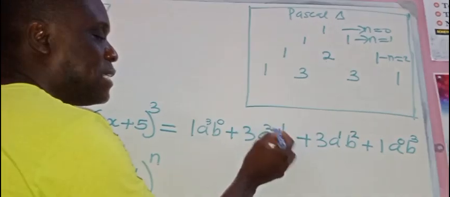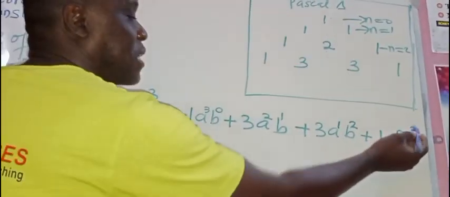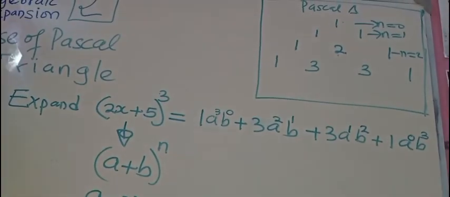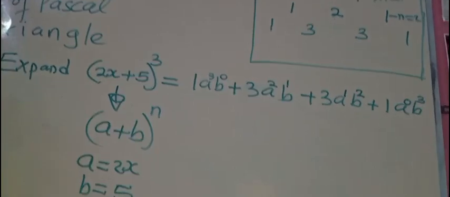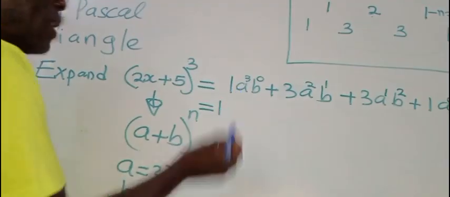If you see the exponents, 2 plus 1 is 3, 1 plus 2 is 3, 0 plus 3 is 3, 3 plus 0 is 3. That makes it balanced. Right? So this is equal to 1. What is A?